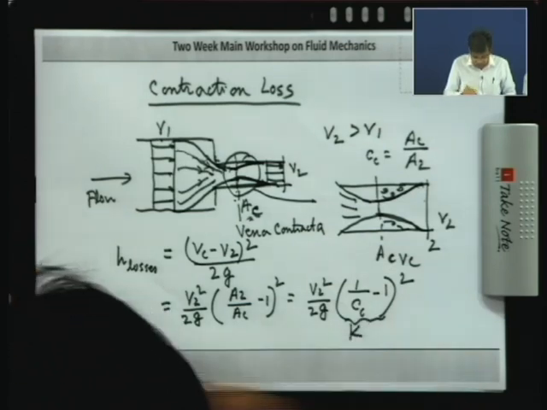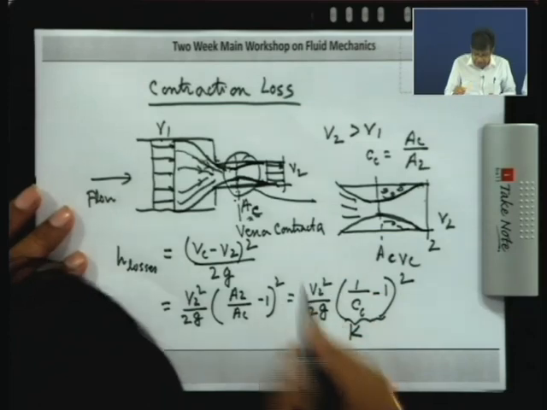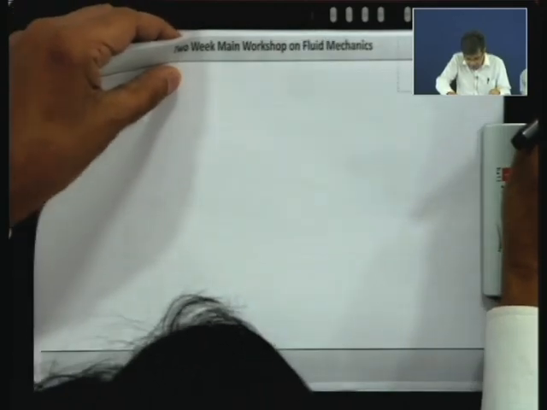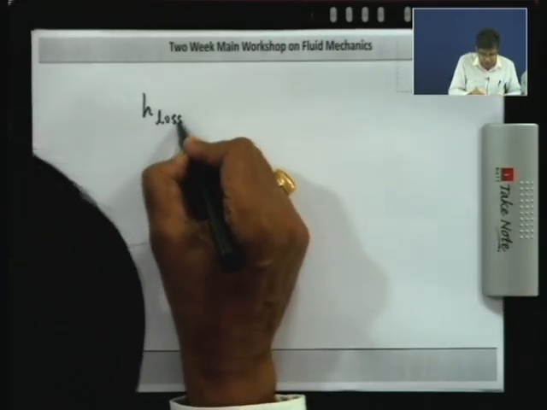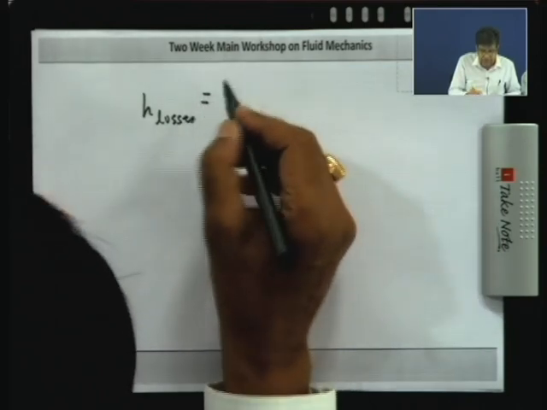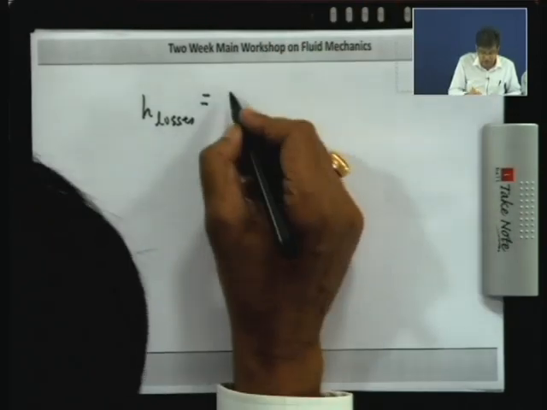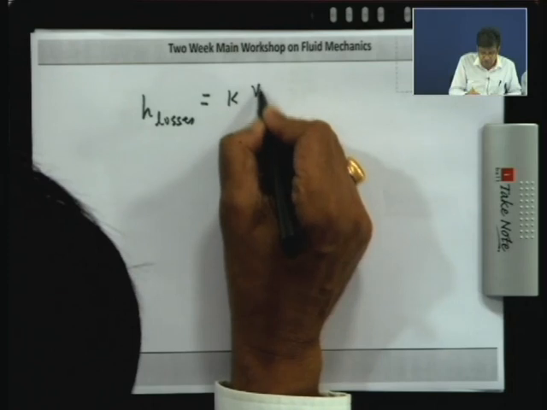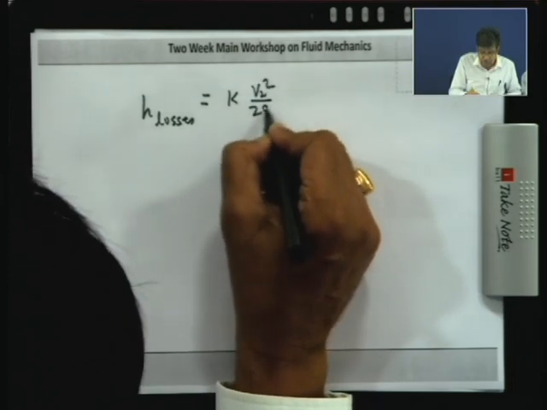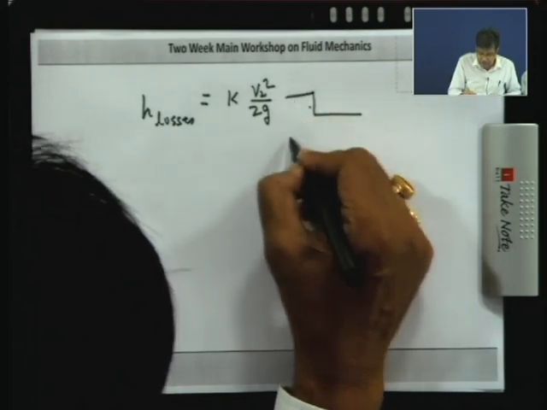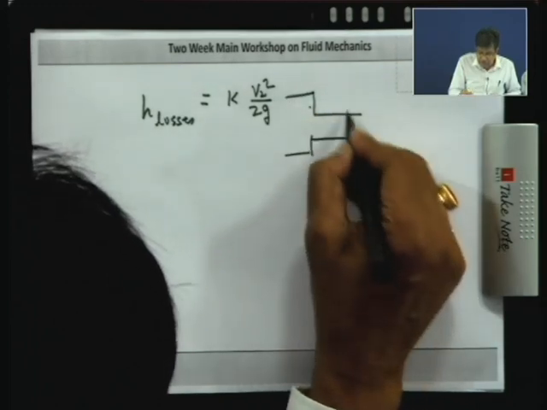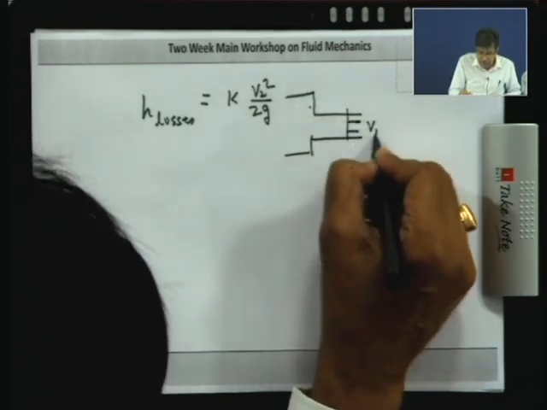So, therefore, it is expressed as H loss, due to contraction. The losses due to contraction is K into V2 square by 2g, where V2 is the velocity in this pipe, after the contraction.